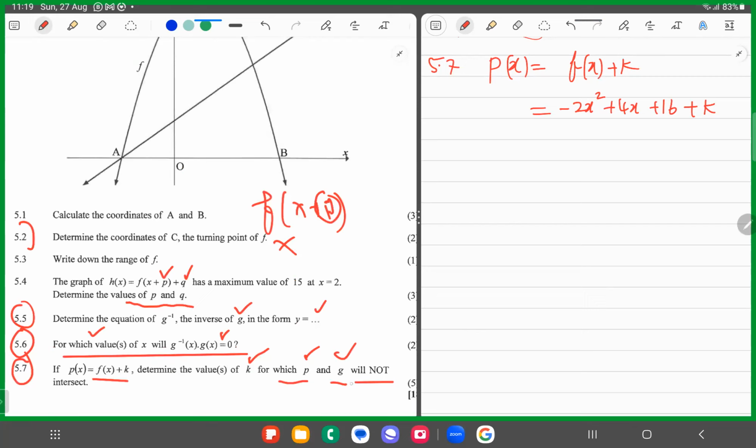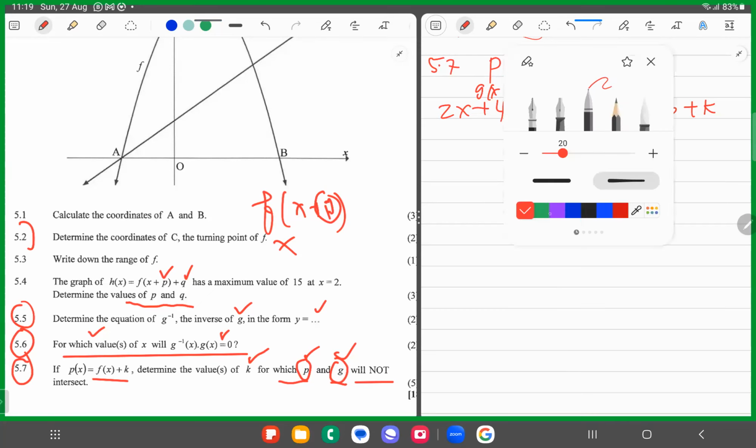But we're then saying p and g will not intersect. So in other words, we'd be interested in looking at the part where these are almost equal to each other. Which means we assume g is equal to p of x.